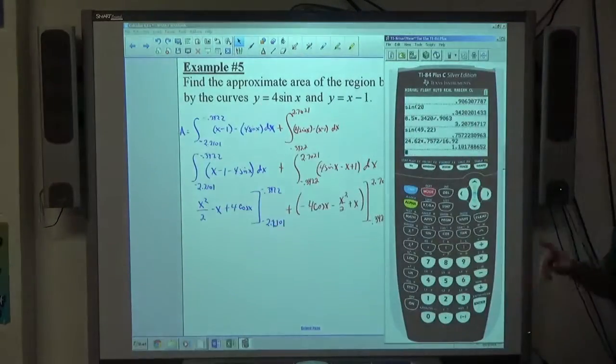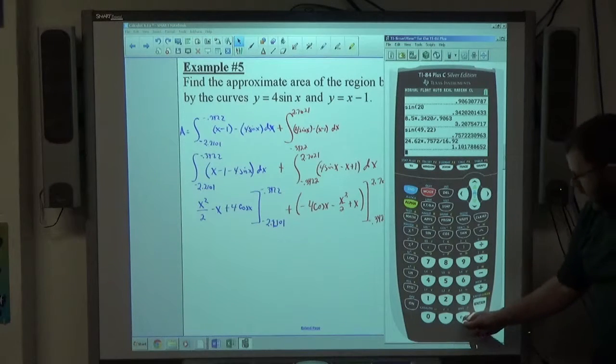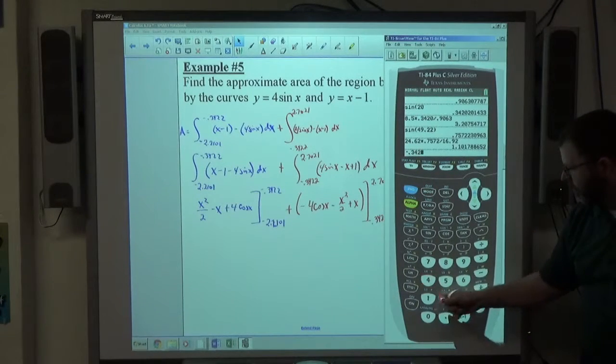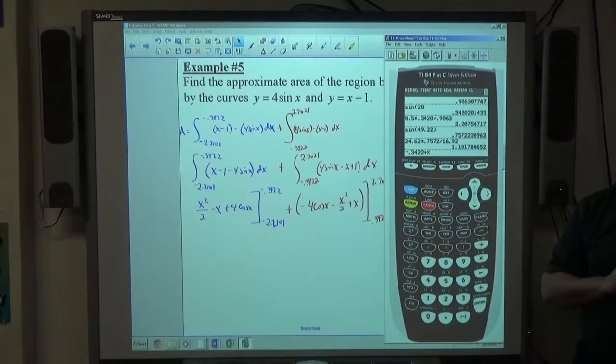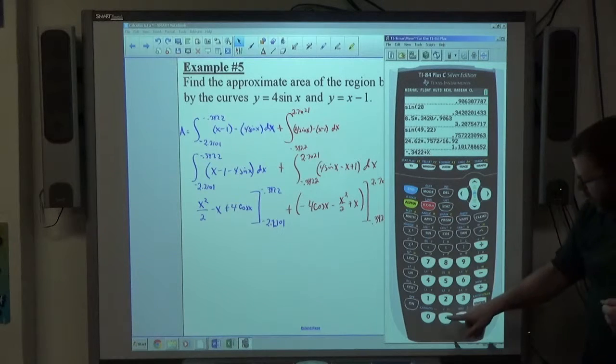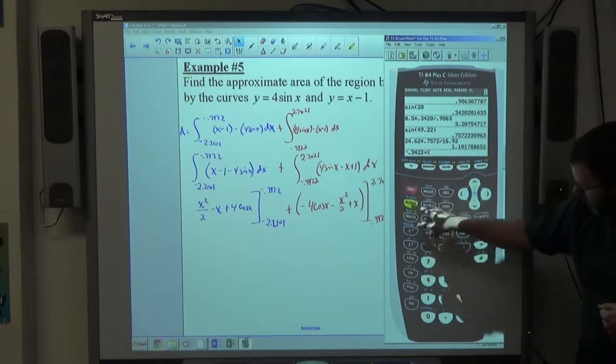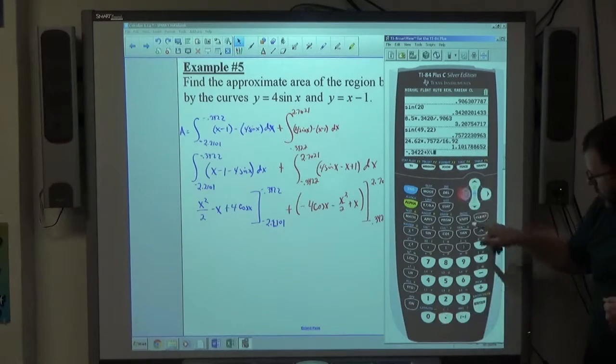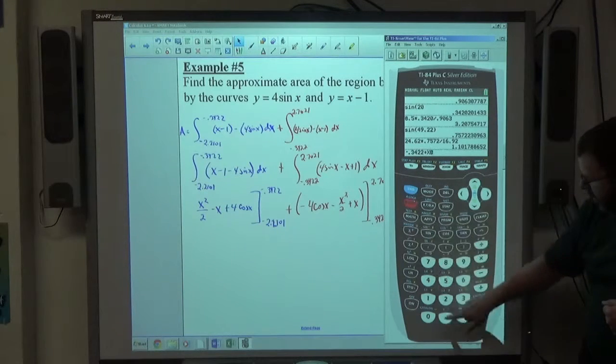Go here. I'm going to type in negative 0.3422 store x. So what that's doing is it's telling my calculator anytime I hit the button x, I mean negative 0.3422. I'm going to put a colon, which is alpha decimal point.